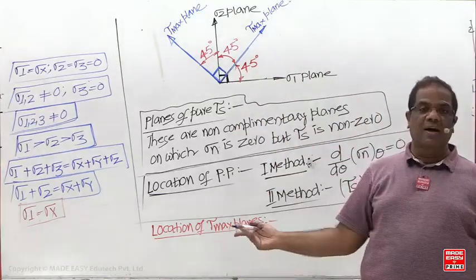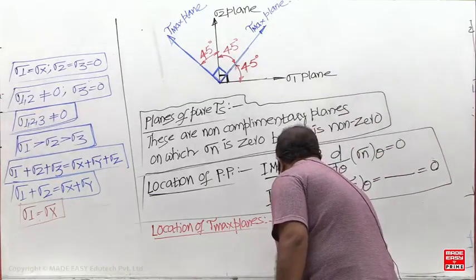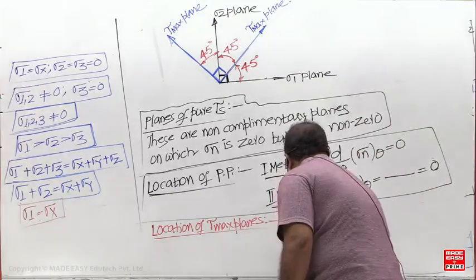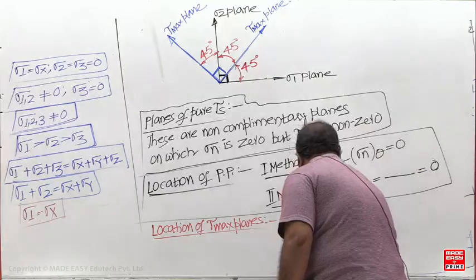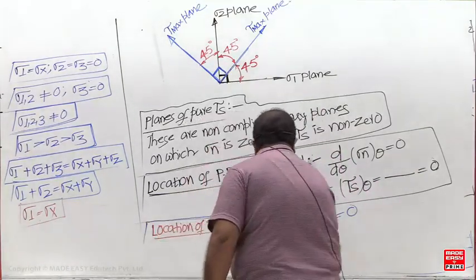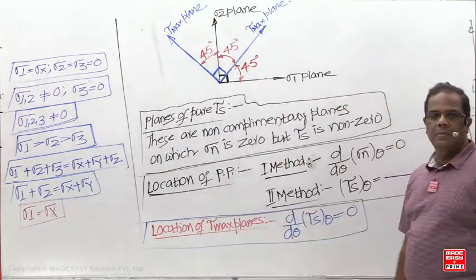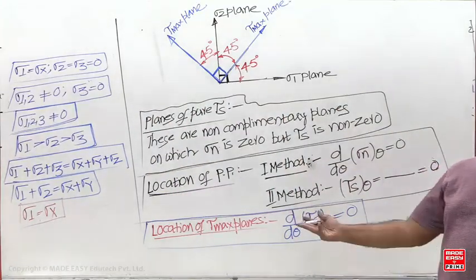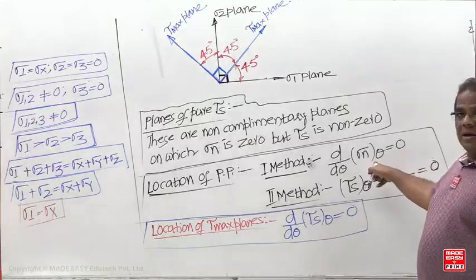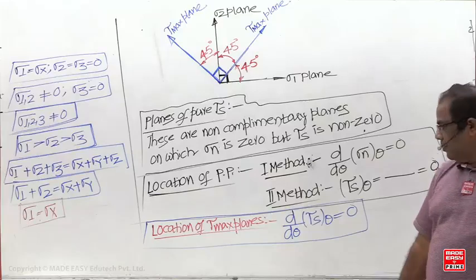So there will be only one method here. Which method? Here only one method. For the principal plane one is 0 and one is maximum: normal stress maximum, shear stress 0.